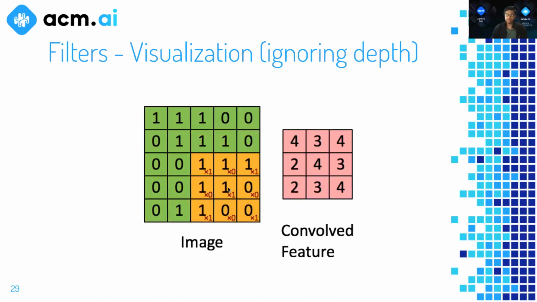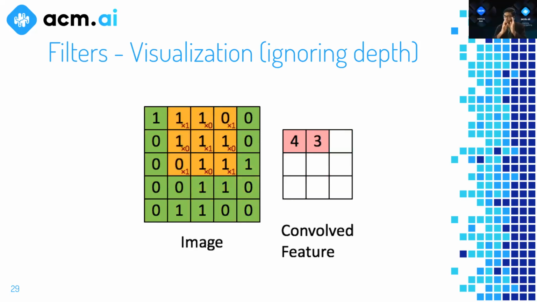So here's what's going on. We have a 3x3 filter here, represented by the orange squares. The values on the bottom right represent the filter values.